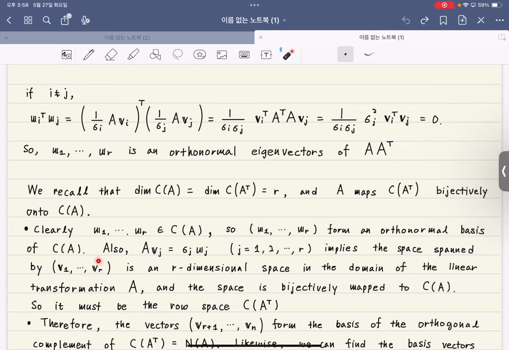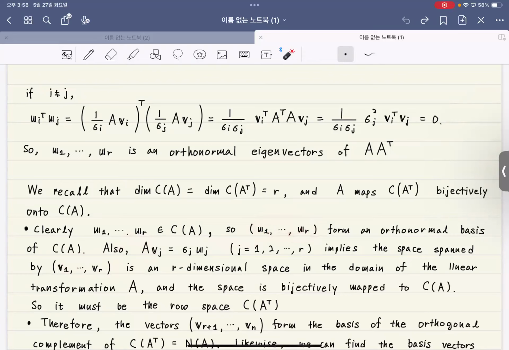This is also an R-dimensional vector space in the domain of A. Under the linear transformation A, this R-dimensional space is mapped bijectively onto the R-dimensional space spanned by the U vectors, which we know is the column space.